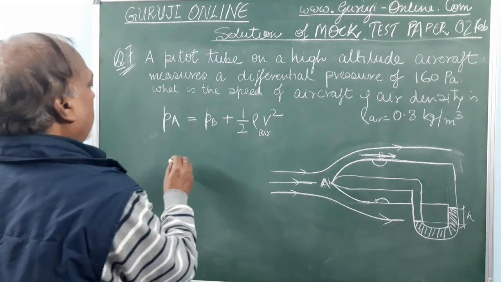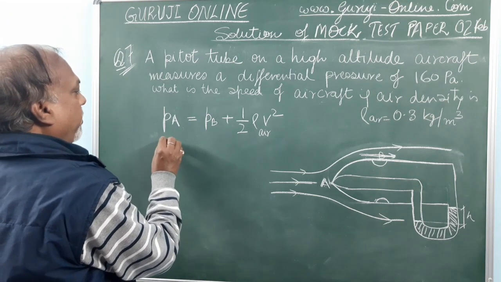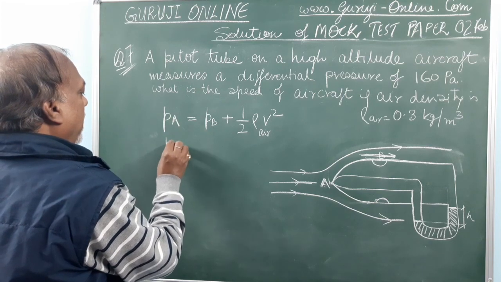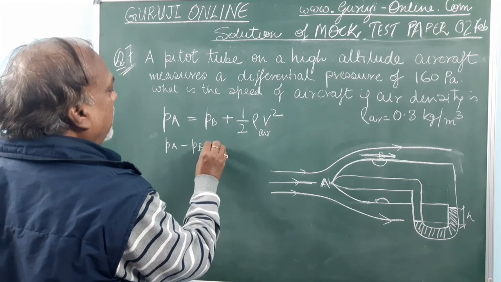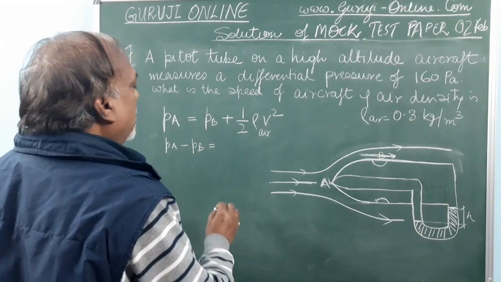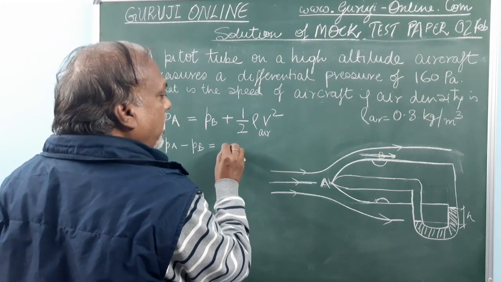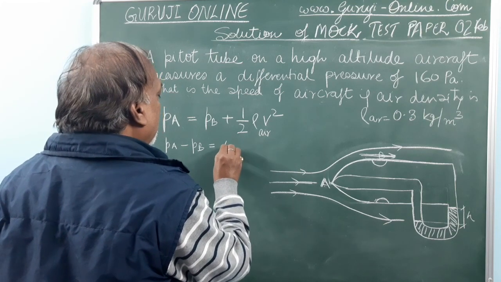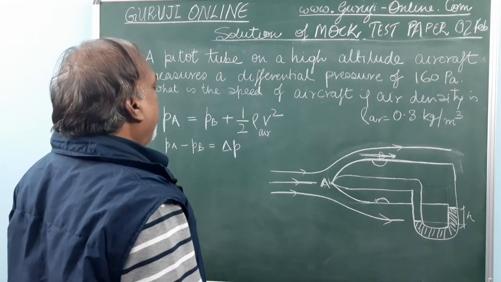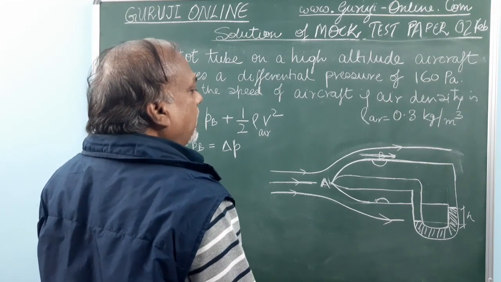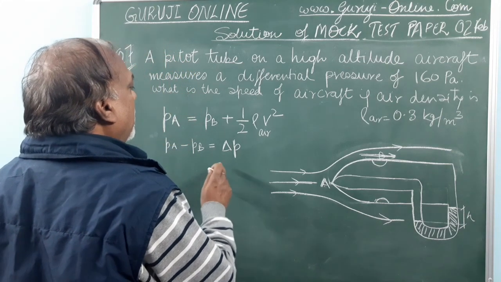Now, we know PA minus PB will be nothing but the difference in pressure given due to the difference in levels.